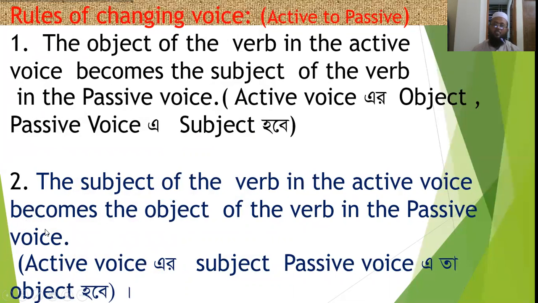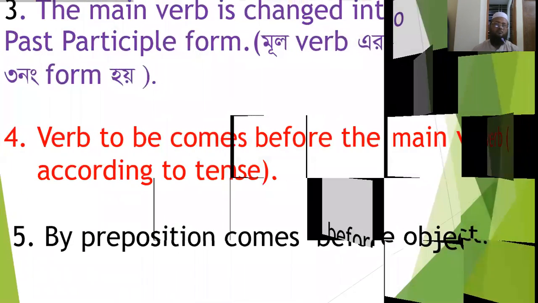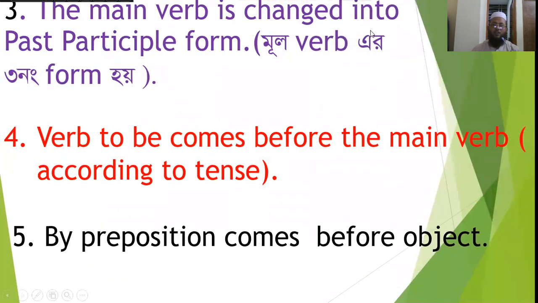I gave Bangla meaning for you. You can see it. Number 3, the main verb is changed into past participle verb. Number 4, verb 2 comes before the main verb according to tense. Number 5, by preposition comes before object.